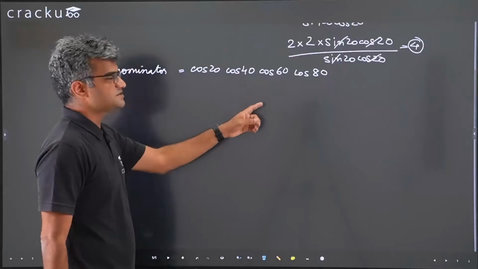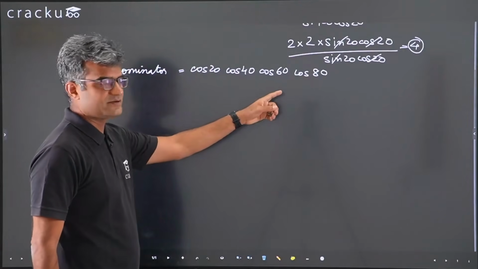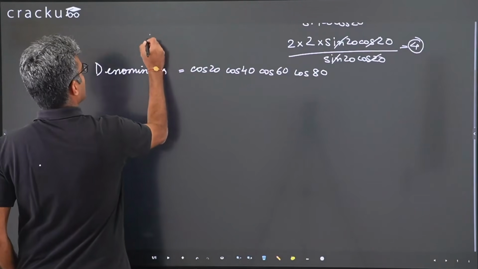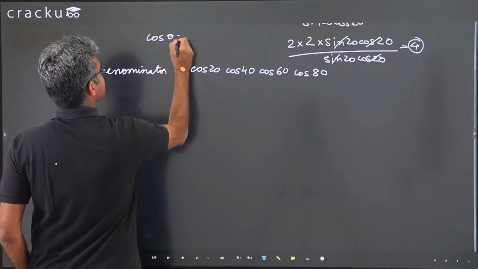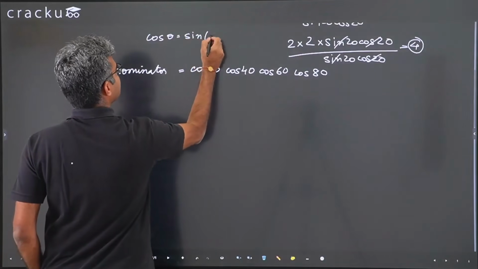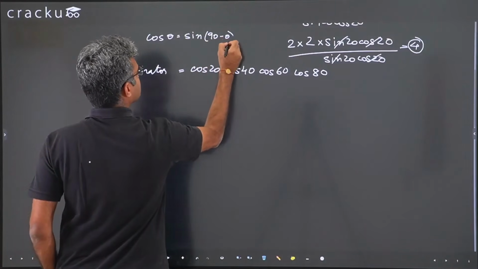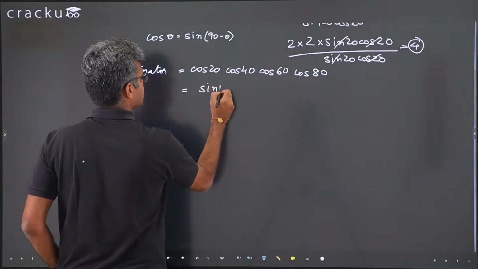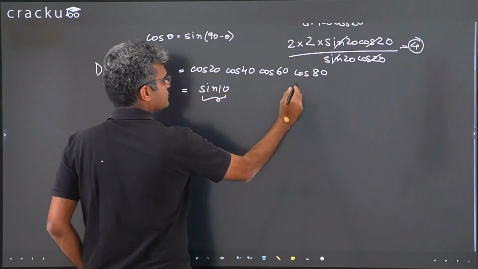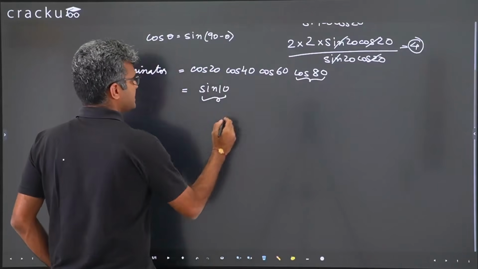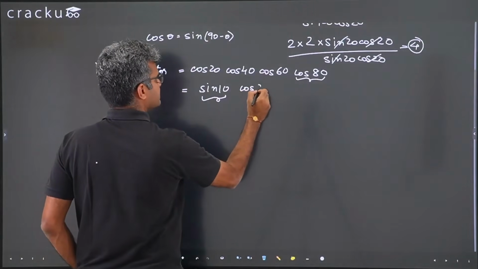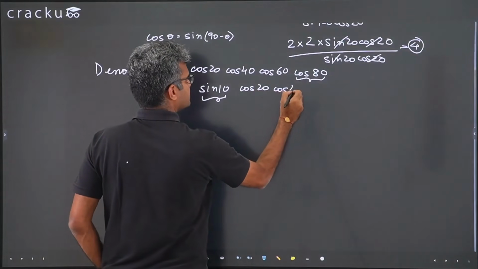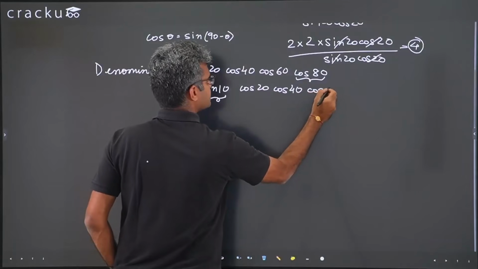Now I can write cos 80 as sin 10 because we know that cos of theta is equal to sine of 90 minus theta. So sine 10 is just equal to cos 80. So this is sine 10 into cos 20 into cos 40 into cos 60.